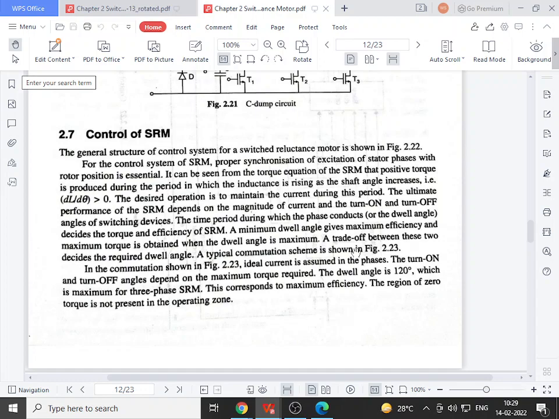So there should always be synchronization between the excitation voltage which we apply to the stator phase and the actual rotor position, because we generally provide an excitation pulse to the respective stator phases only when the work carried out by the previous pulse is completed.